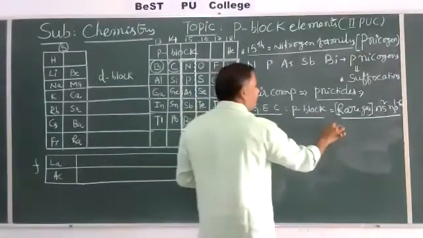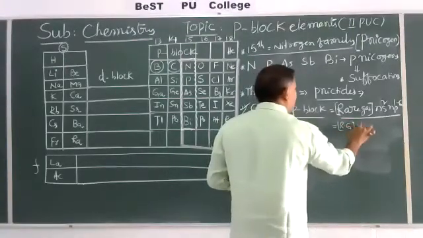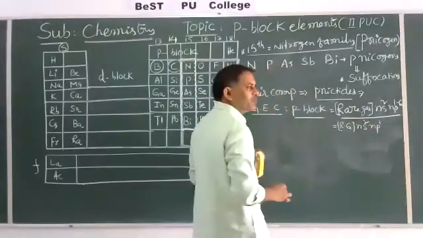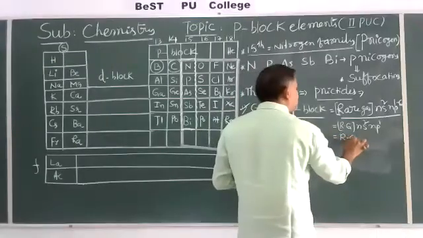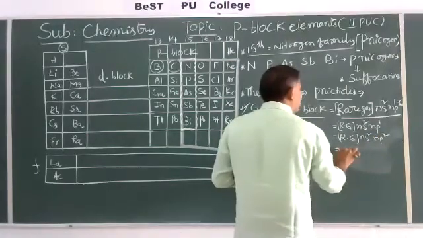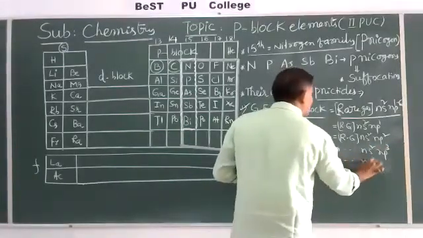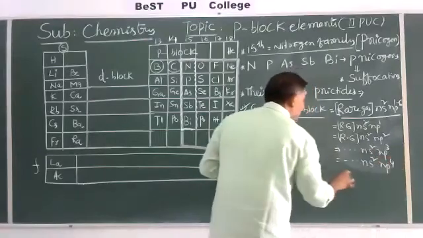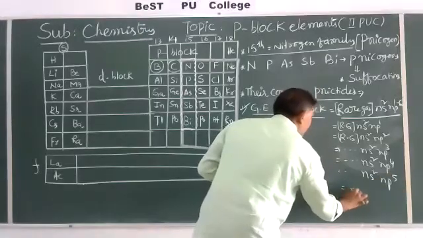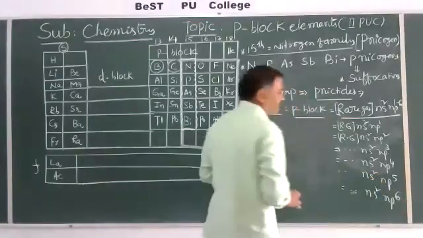Now, based on this, we can write the same thing: rare gas, ns2 already completed, np1, it is the 13th group. Then rare gas ns2 np2, ns2 np3, ns2 np4, ns2 np5, ns2 np6.